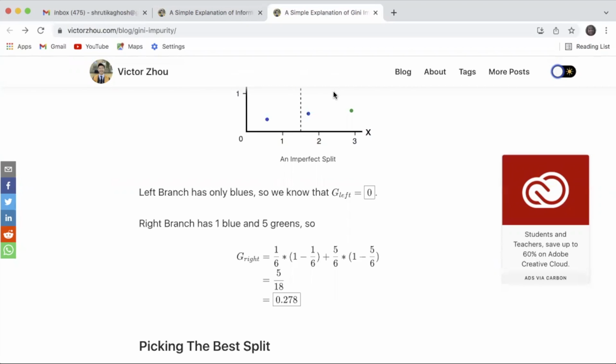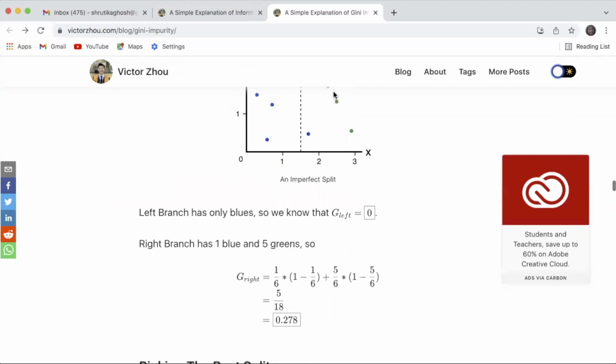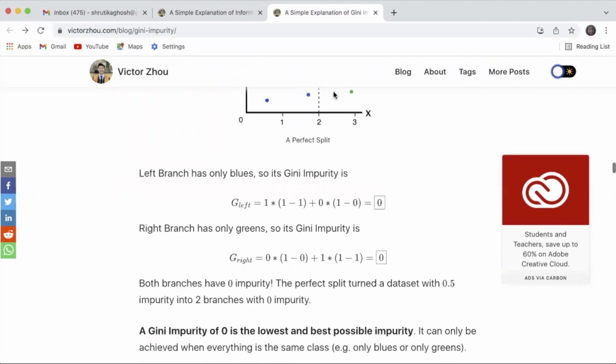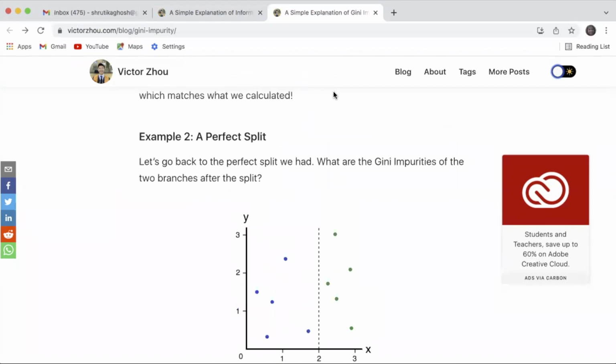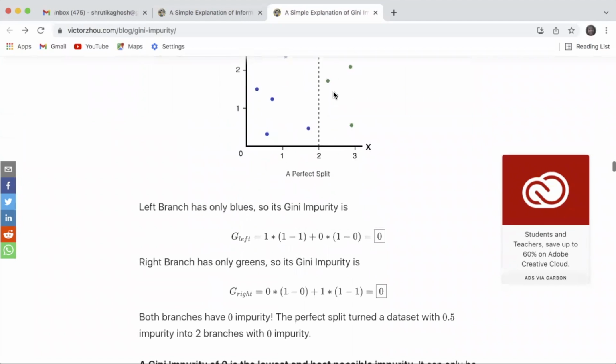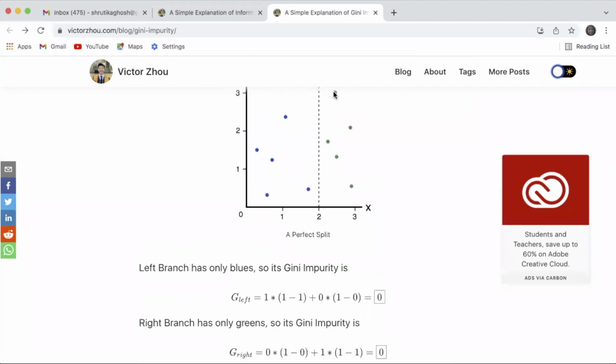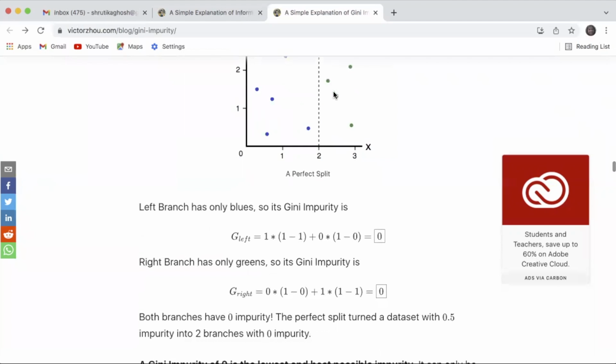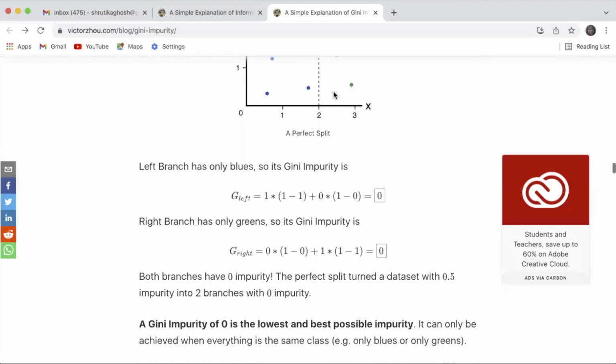Initially, we calculated the Gini impurity of the parent data set, and we found that it is 0.5. Then we made a split at x is equal to 2, and we found the Gini impurities of both the left and the right child data sets, and the Gini impurity is 0 in this case.